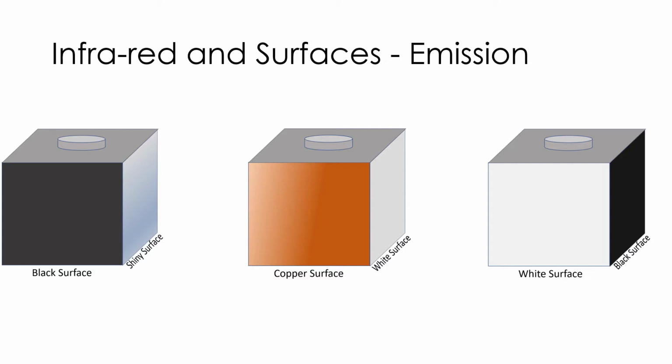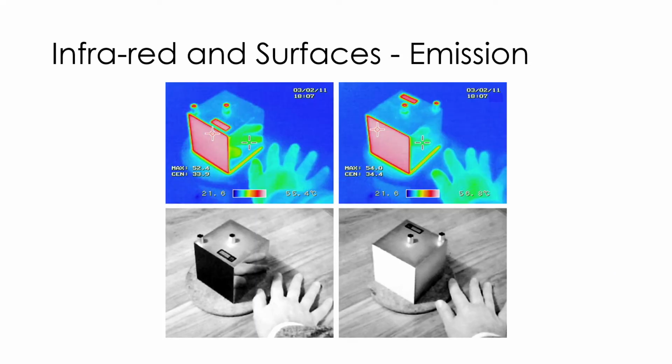We can see this when we do a thermal image of this cube that we call a Leslie cube. Here you can see two images. We've got in the first top left one is a thermal image, and below it is the black and white image of what is actually happening. You can see in the black and white image you've got a black surface that's matte black, and you've also got a shiny surface, and you can see the reflection of the hand.